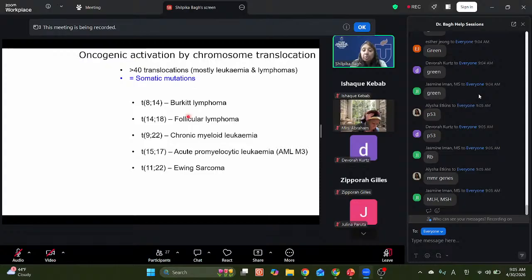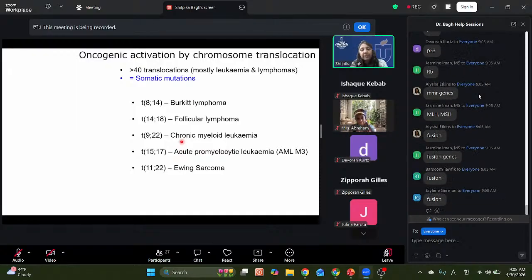Then also we did chromosomal translocation. Remember, chromosomal translocations are either a fusion gene or a gene under a strong promoter. CML and PML, AML M3, they are fusion genes, whereas Burkitt's and follicular lymphoma are genes under a strong promoter, right?